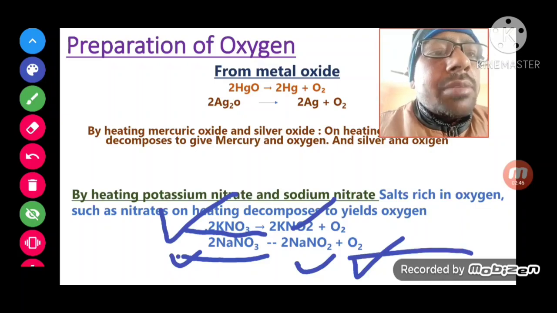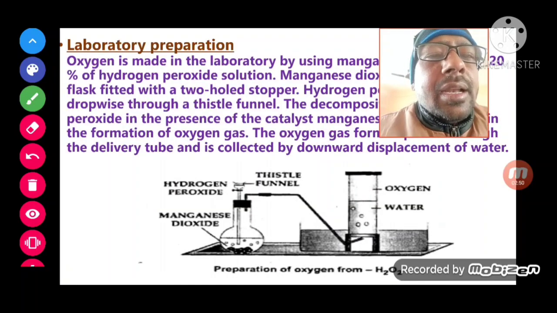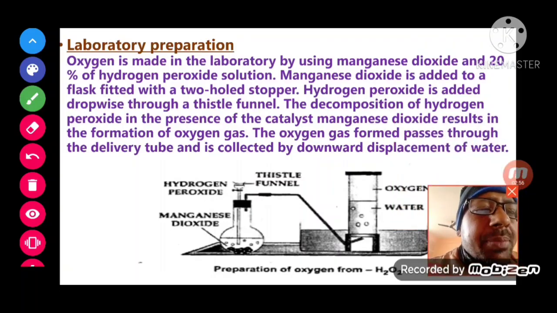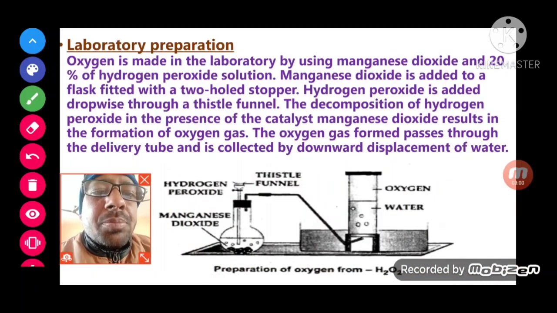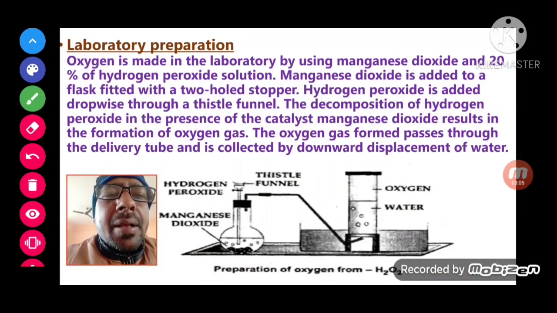We'll talk about third method, laboratory preparation. You can see what is a laboratory preparation. Already we have discussed, and it is very clear given in your book how you will get oxygen in laboratory.